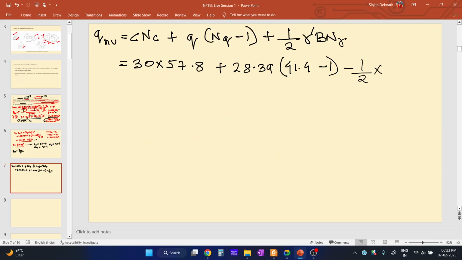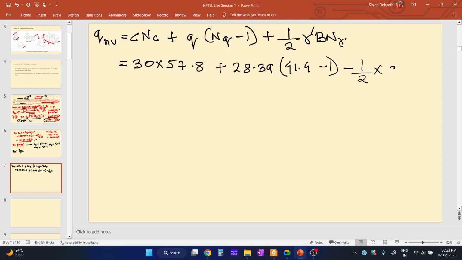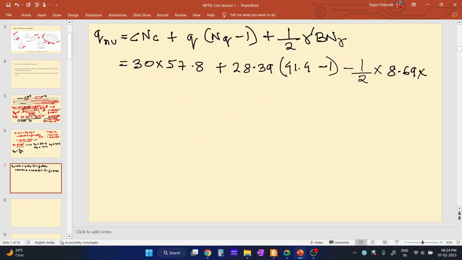Half into the submerged value, 8.69, into the breadth of the foundation, 3 meter, and N gamma is 42.4.